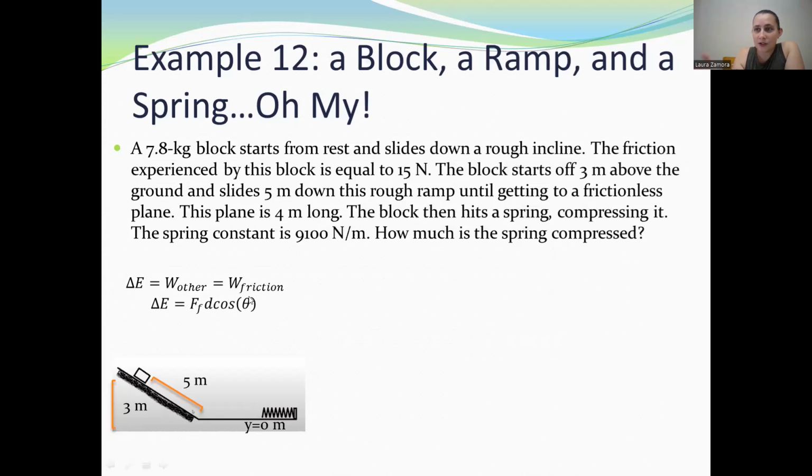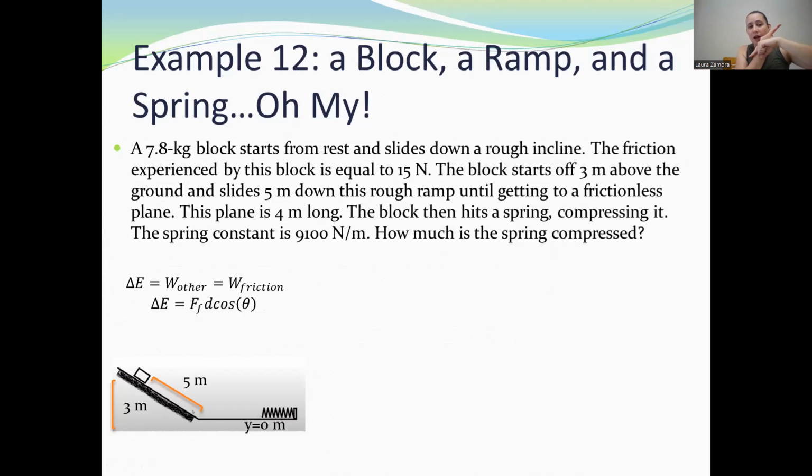So thinking back to our lessons from earlier this week, the work done by friction is force of friction times the displacement times the cosine of the angle between the force and the displacement. That does not mean the angle of the ramp. That means the angle between the force of friction and the displacement. So if the displacement is down the ramp, remember, friction is always opposing motion.